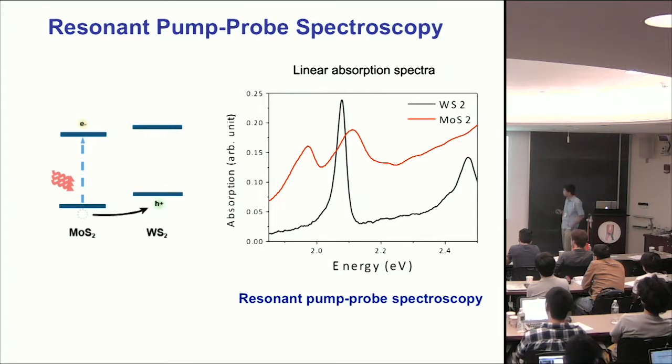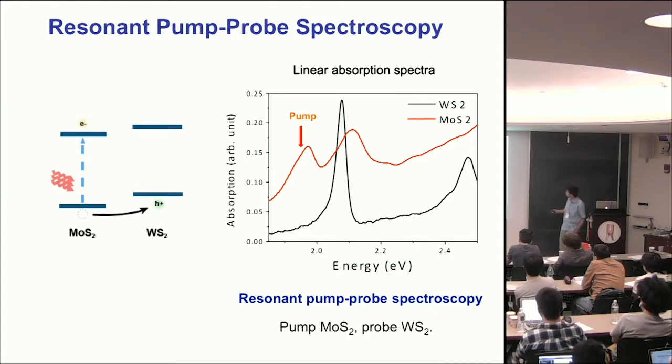In this case, we can, for example, choose our pump light specifically at the MoS2 so-called A exciton transition. What you can see is that this transition is all below the band gap of WS2, so WS2 doesn't absorb at all. So we know we are injecting electrons and holes only into MoS2. Then we can probe the change in the WS2 response.